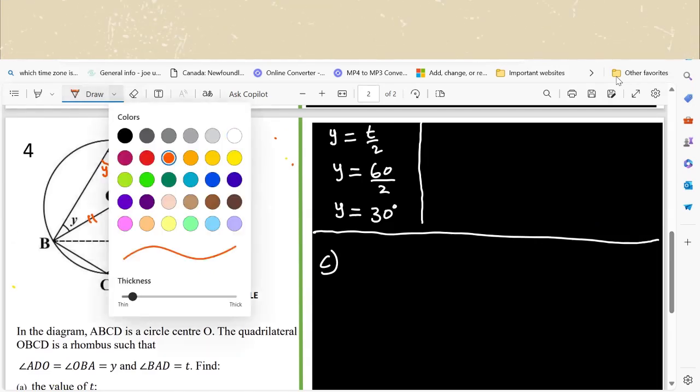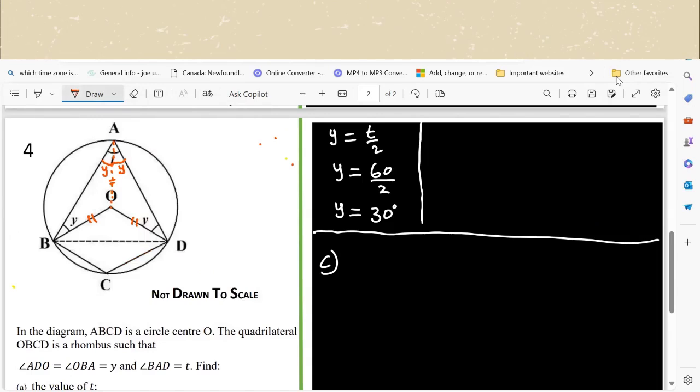You will discover that this angle here, which we call angle BOD, is 2T, which is 2 times 60, which is 120.